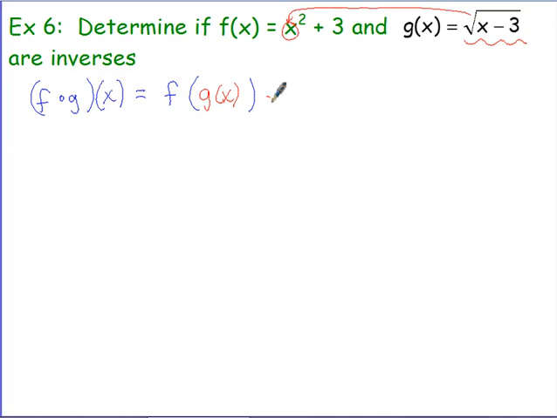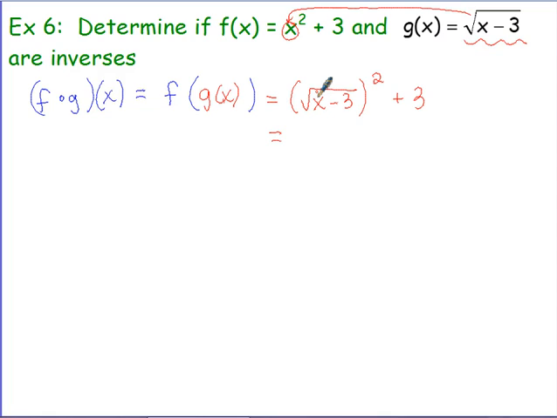So what it looks like, there's your x. So right away, parentheses. Square root of x minus 3. Close parentheses. Don't forget the squared. Plus 3. So, what happens when you have a square and a square root?